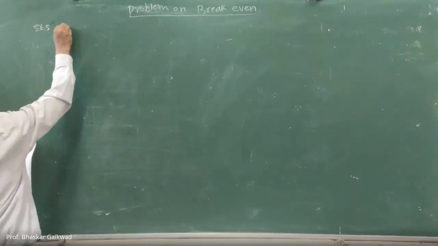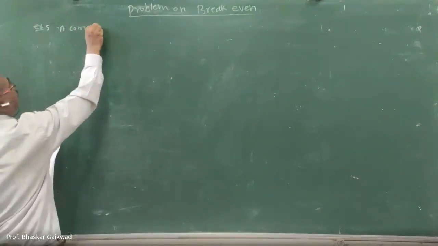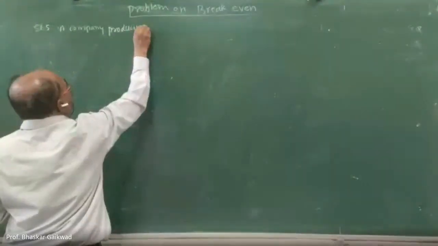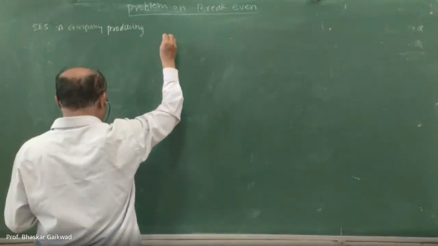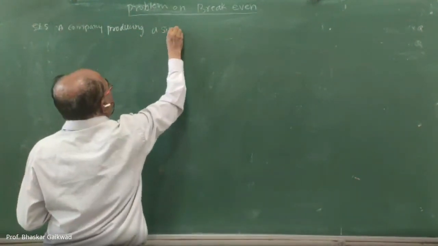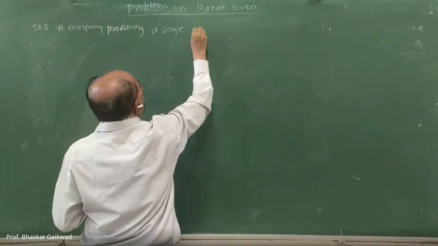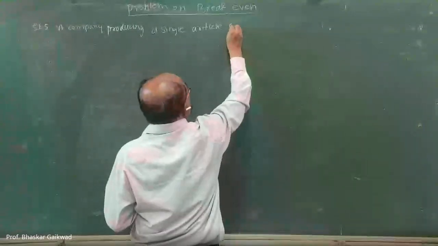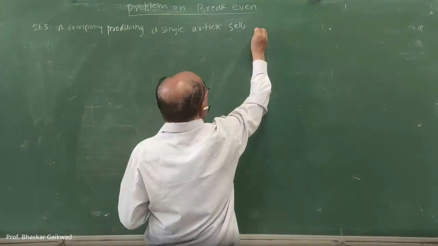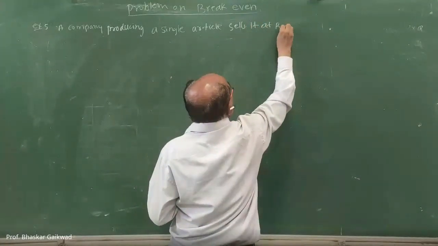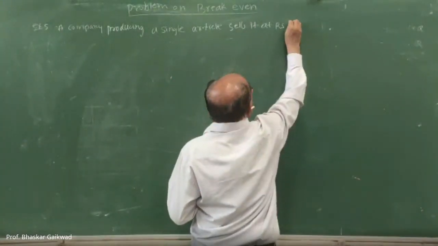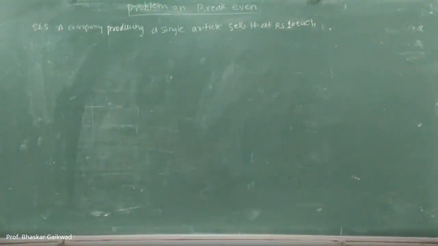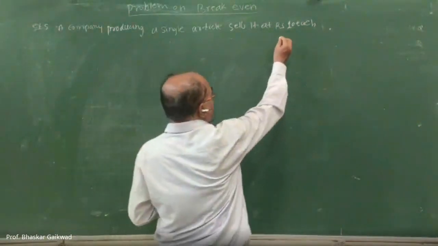A company producing a single article, a small component, sells it at rupees 10 each. Its selling price is 10 rupees.